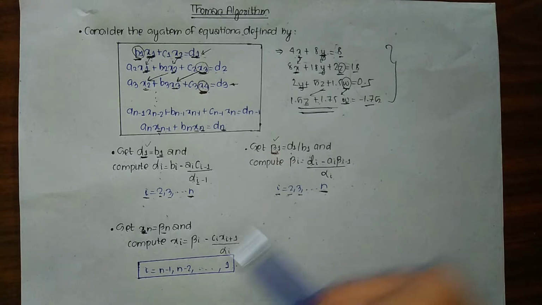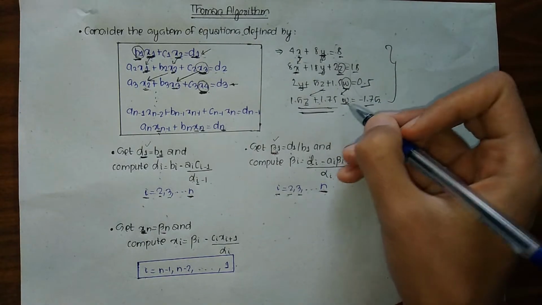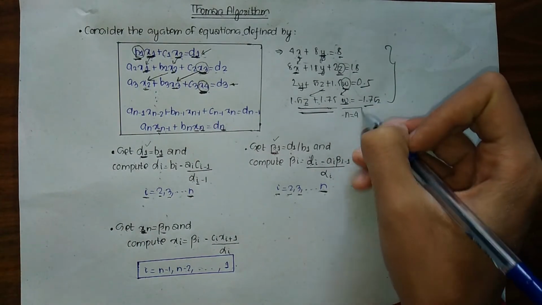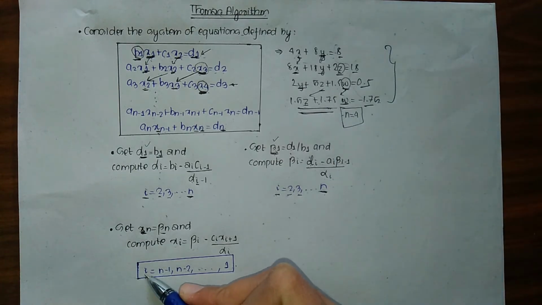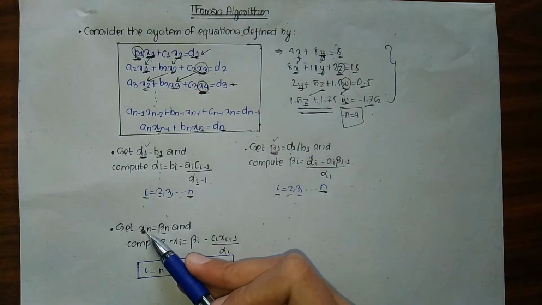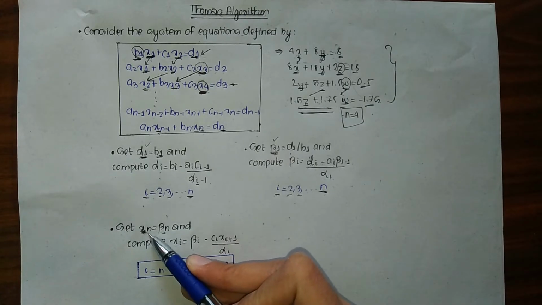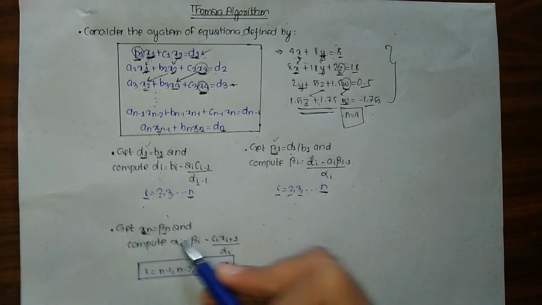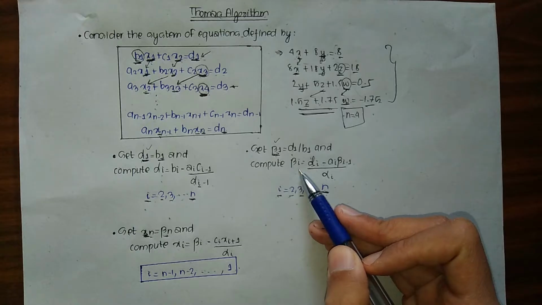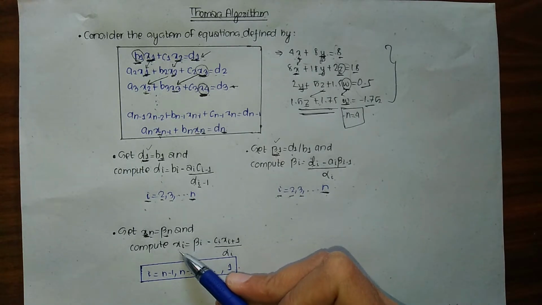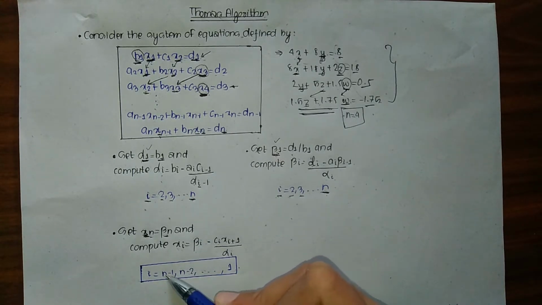We have our n as 4 for this equation. n simply refers to our number of equations. So firstly we'll set x4 equal to beta 4. We'll find beta 4 from here, and after doing that we'll calculate x3, since 4 minus 1 is 3.